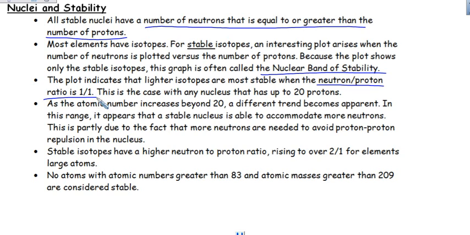But now as you get more than 20 protons, beyond element number 20, calcium, then we see some changes occur. We did mention in the last chapter, when we were talking atomic structure, that the nucleus is positive. It contains positive protons and neutral neutrons.